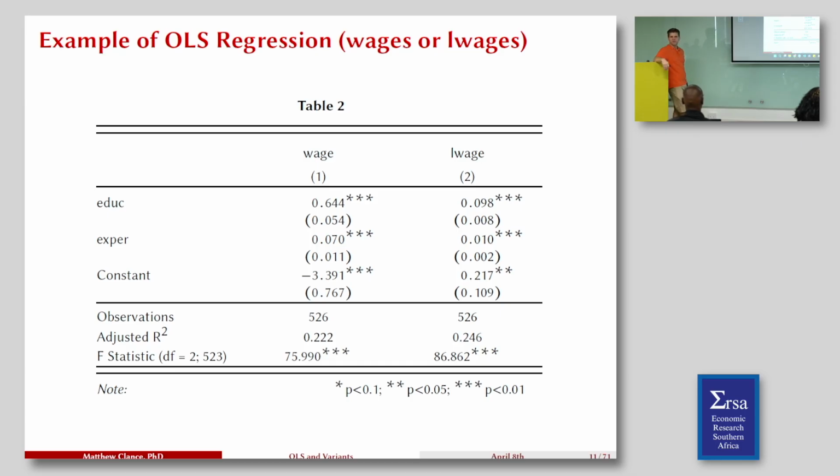There are a few other things, but for a simple example right now, if we have it in levels, we're looking at the overall outcome of education and experience with respect to wage. And if we do it in terms of log wage, it's just a change from level to log level. When we do this, we are changing the interpretation of that relationship, and we need to make sure that we keep track of that as well.